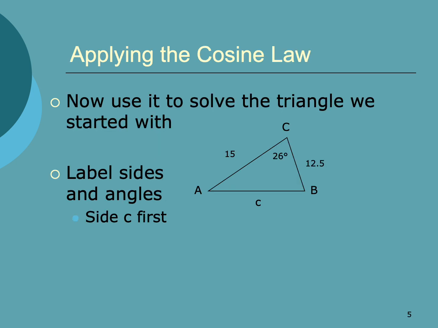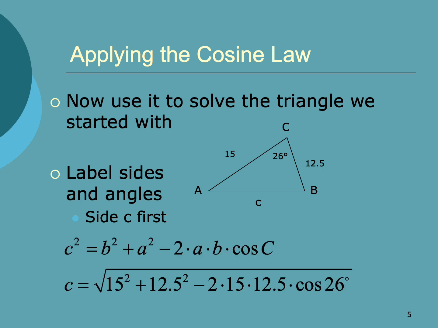Here's how we use the laws of cosine. Here's a simple triangle where we've got a side, angle, side given to us. Obviously label it first. Choose which formula we want to use, and since we need to know what the side C is, we'll solve for C squared.